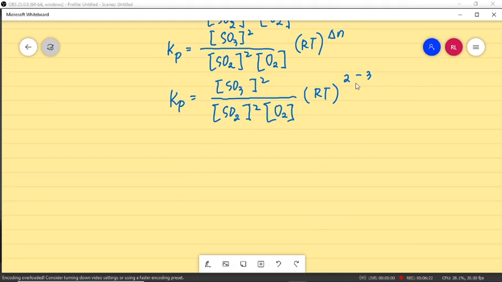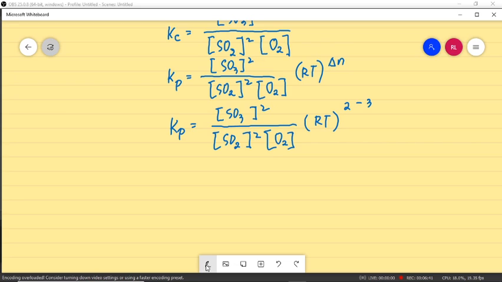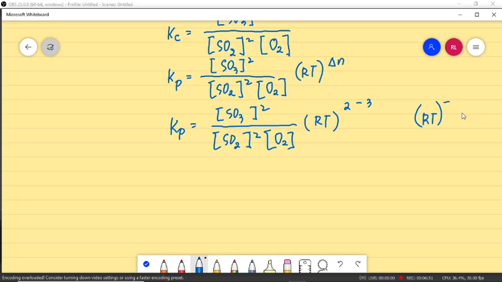So since this is negative 1, to avoid a negative exponent, we will transfer this in the denominator. In other words, we will get the reciprocal of RT. Since you have here RT raised to the power of negative 1, we will get its reciprocal, and that is 1 over RT.